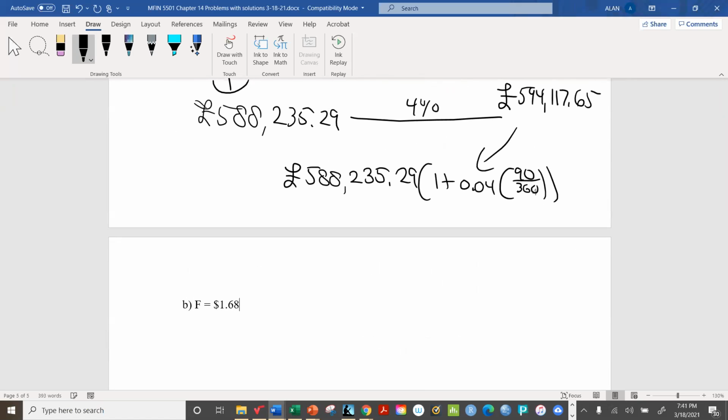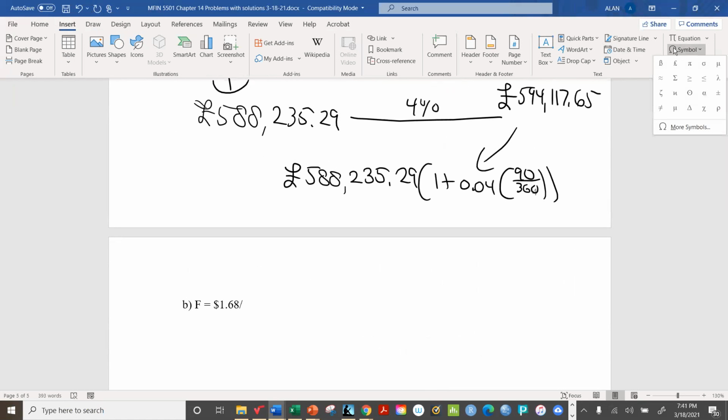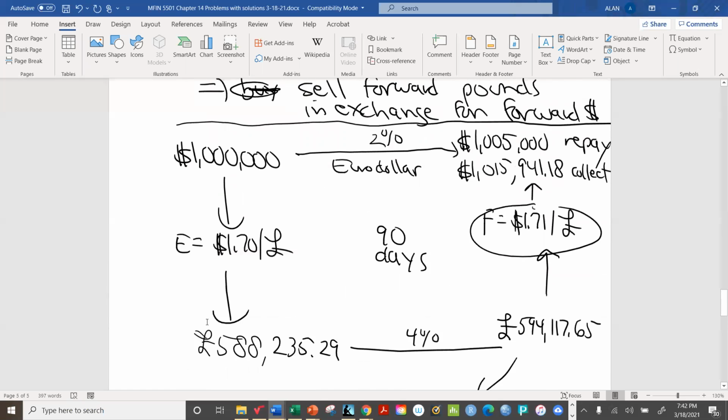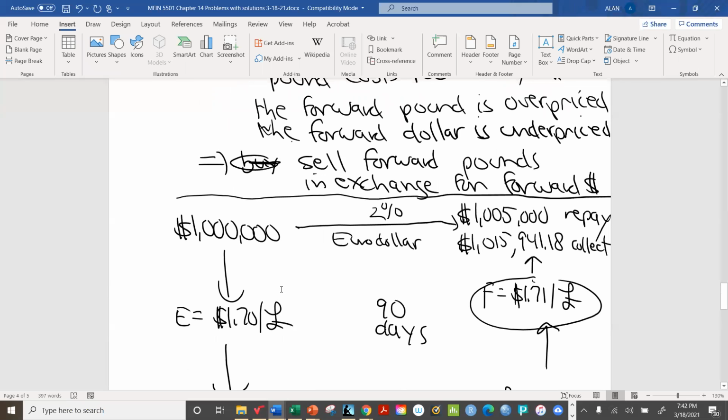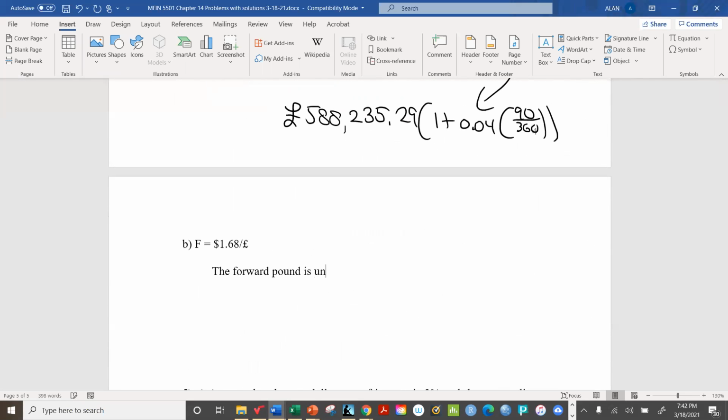So in the second case, when this is $1.68 per pound, this tells me that the forward pound is underpriced, the opposite of what we had here, which means that the forward dollar is overpriced. And somewhere along the way, we must buy forward pounds, sell forward dollars to take advantage of this.